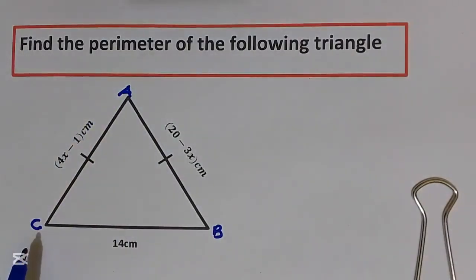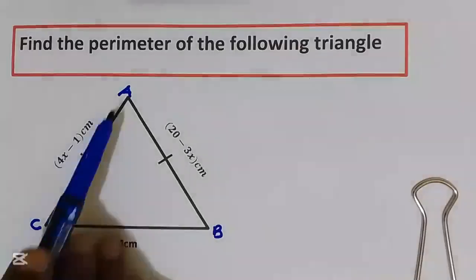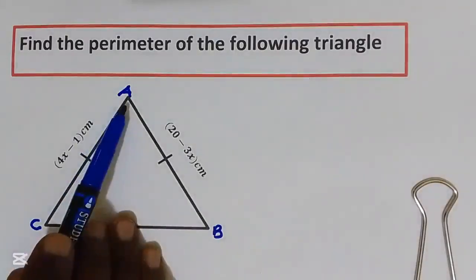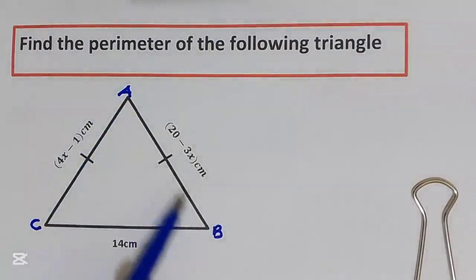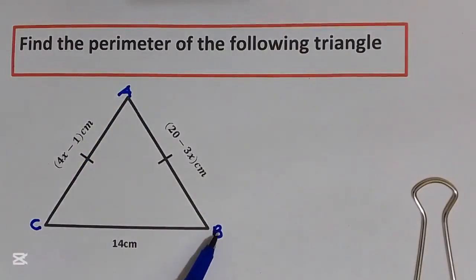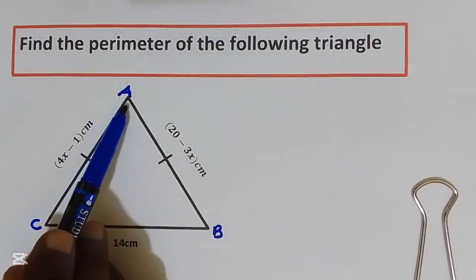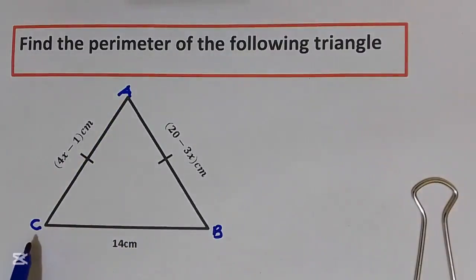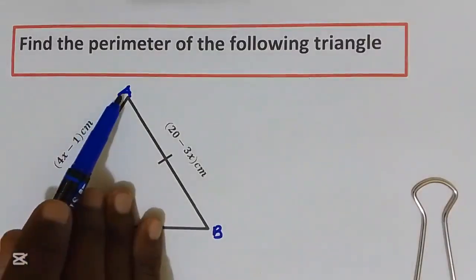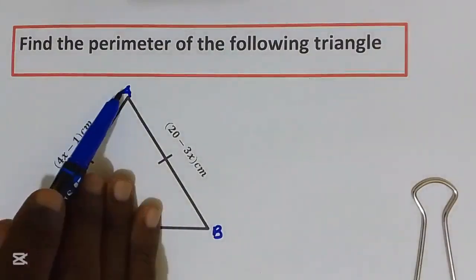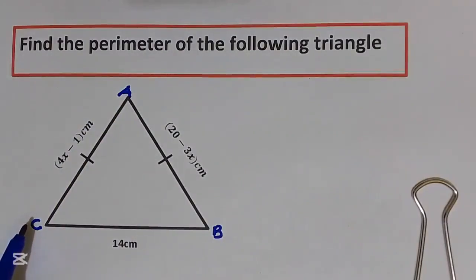By definition, perimeter is the total distance around this triangle, that is distance AB plus distance BC plus distance CA. From our triangle, we can see that they have given to us only distance BC, but distance AB and AC they gave us in terms of expressions.